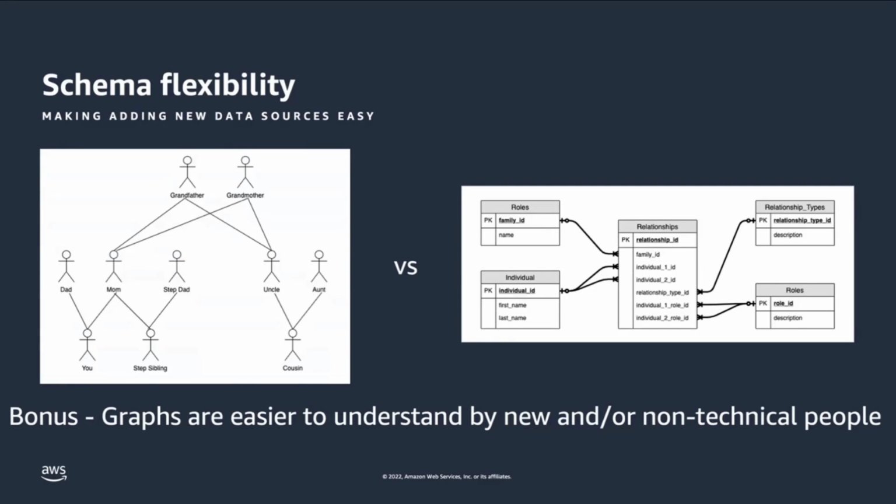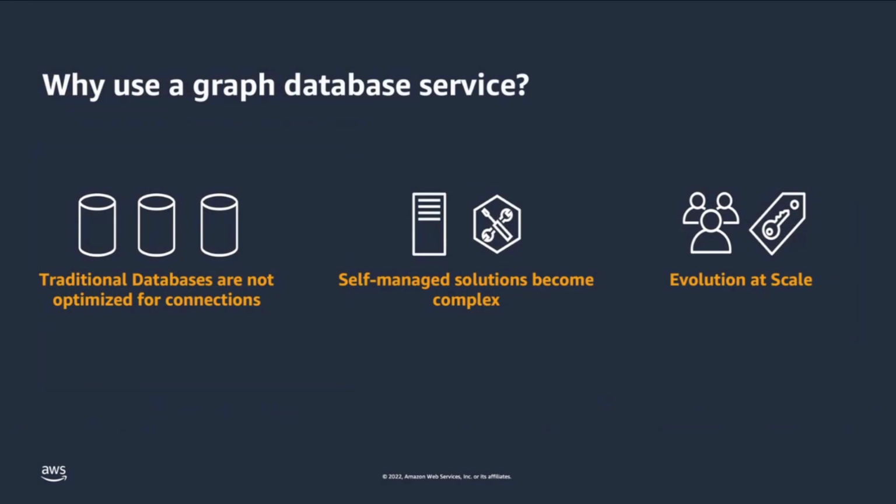So that's a little bit about graphs and why graphs are better for some sorts of problems than other technologies. But why is it customers come to us, and why do they want to use a graph database service? As we mentioned, traditional database technologies out there really aren't built to scale when you want to do deep link querying or deep link analysis across hundreds of thousands, millions, or billions of interconnected entities.